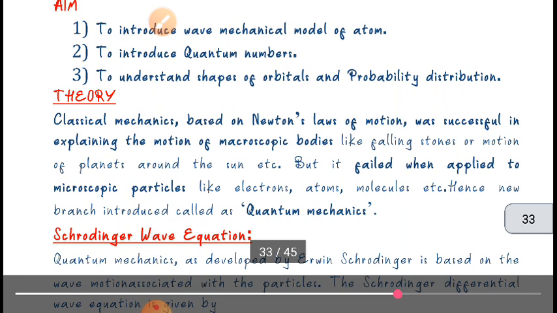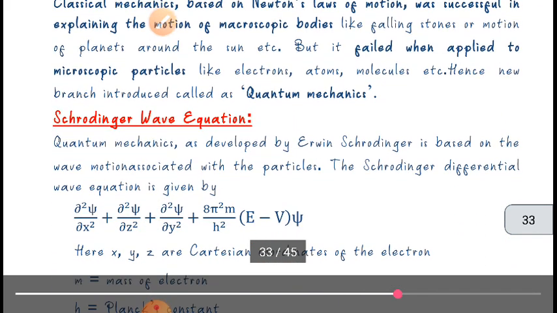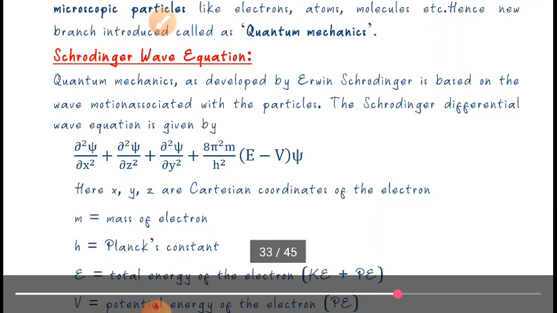In his wave mechanical model, he visualized the atom as a positively charged nucleus surrounded by a standing or stationary electron wave, which extends round the nucleus in a Bohr circular orbit.